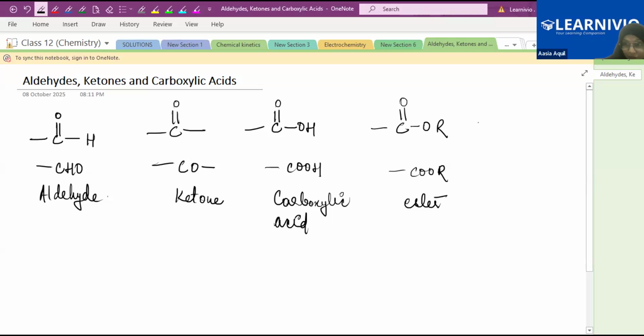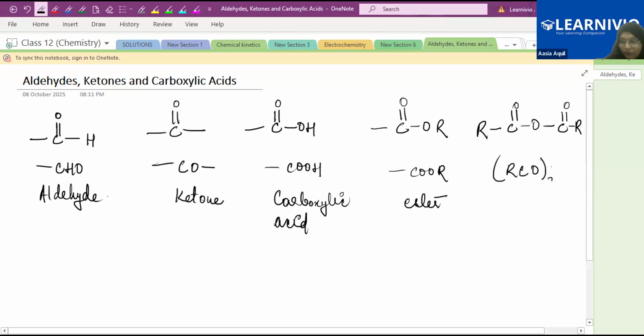So the acid anhydride group is basically R, C, O, and this group is basically known as acetic anhydride. Commonly we write it as RCO whole twice O. You can write like this. So this is your acid anhydride.